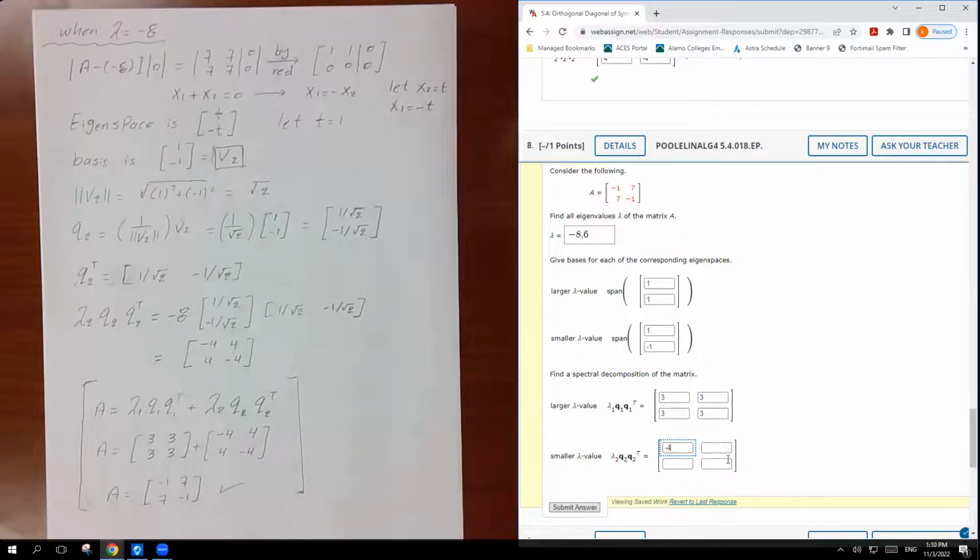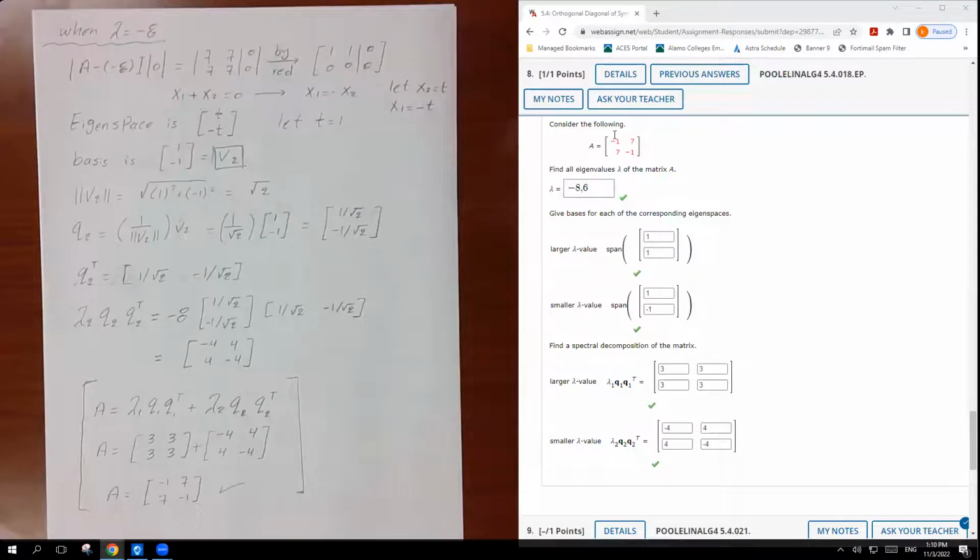The diagonal is negatives, and here 4 and 4. Because we have exactly the same matrix, it's going to be the same result. And we found the eigenvalue, we found the first span, the second span, and the spectral decomposition.